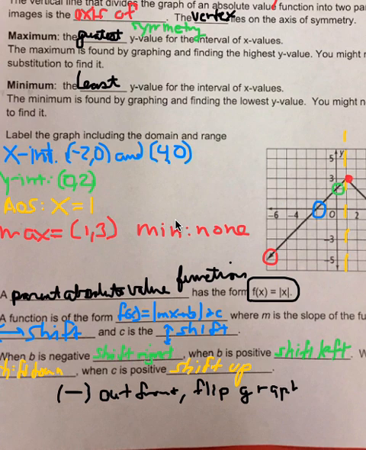It's pointing down. B term, B is opposite, and C stays the same.